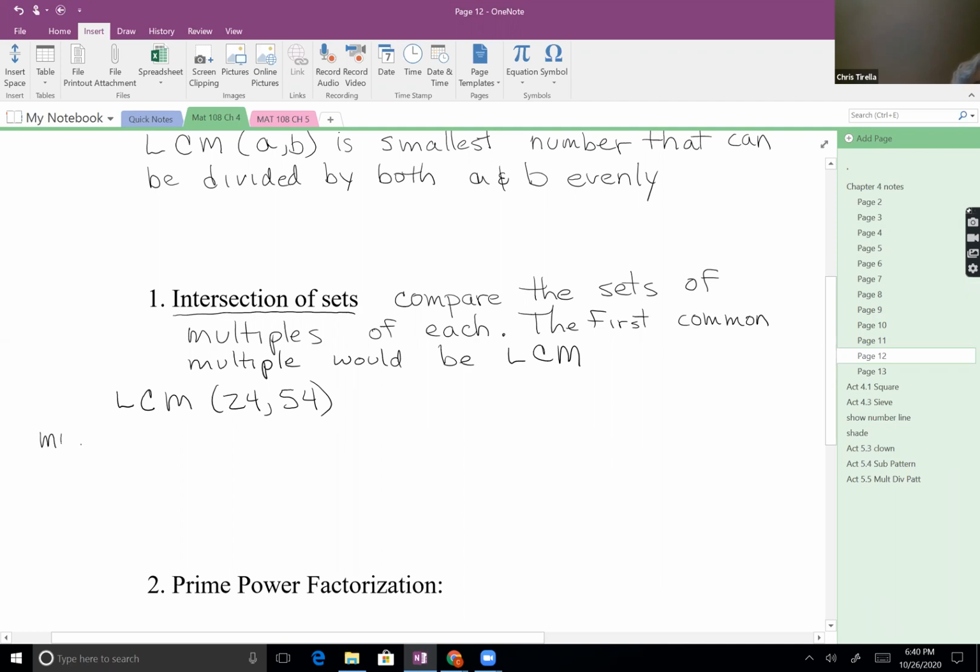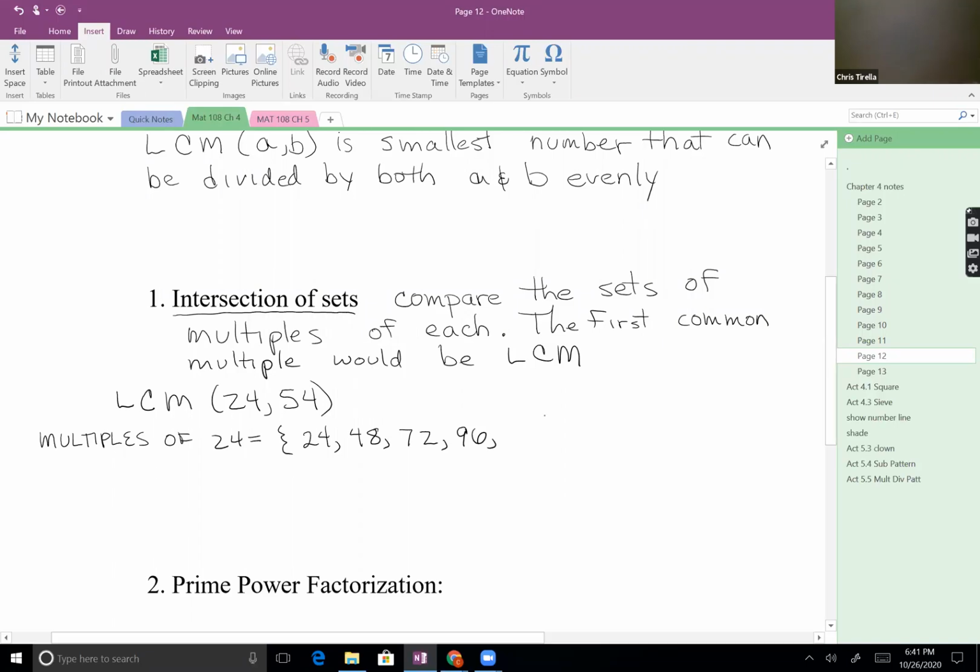So first I want the multiples of 24. For my multiples of 24, 24 times 1 is 24. 24 times 2 would be 48. 24 times 3 would be 72. 24 times 4, 96. 24 times 5.